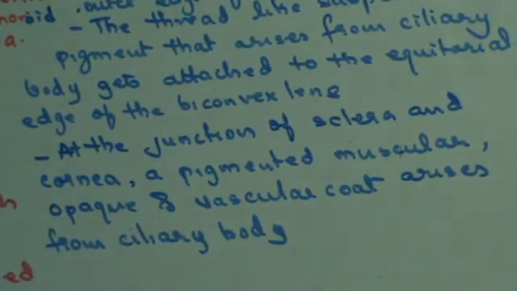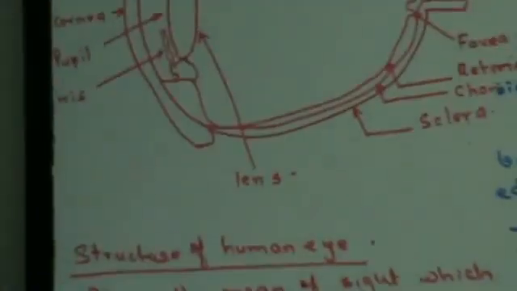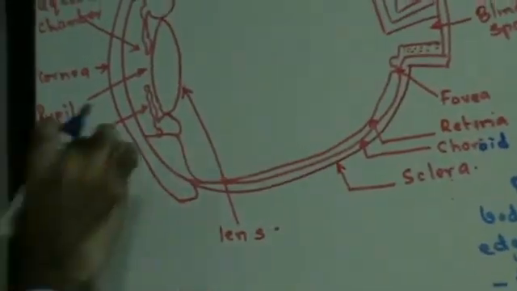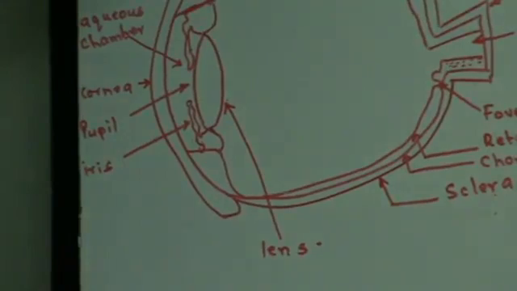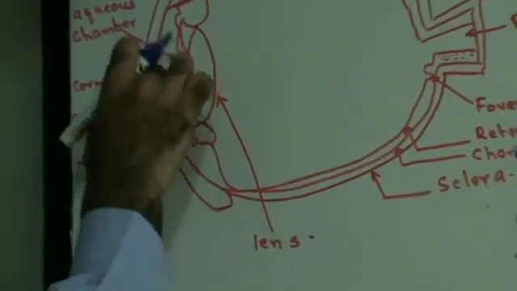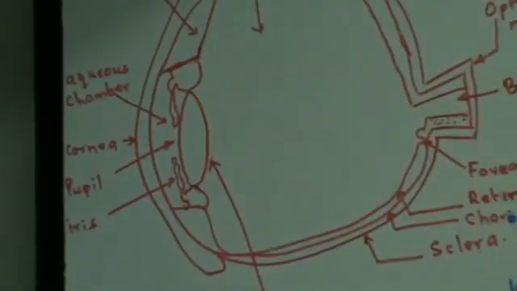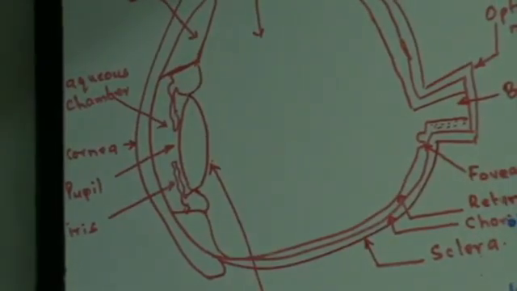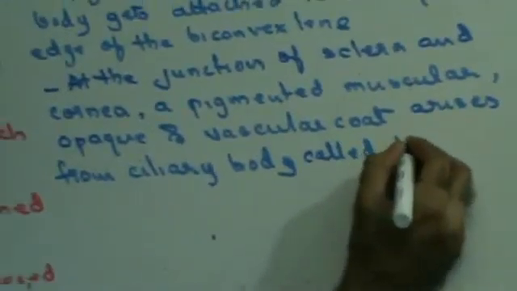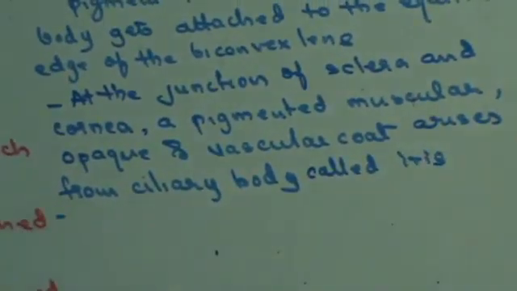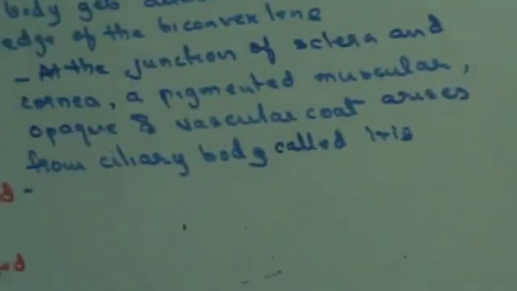What we are talking about is the iris. So, what is the iris? It is at the junction of the sclera and the cornea. This is your pigmented, muscular, opaque, vascular coat that comes in, right? Called iris. That's your iris, right?